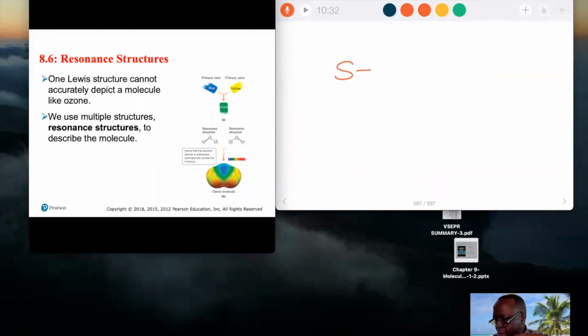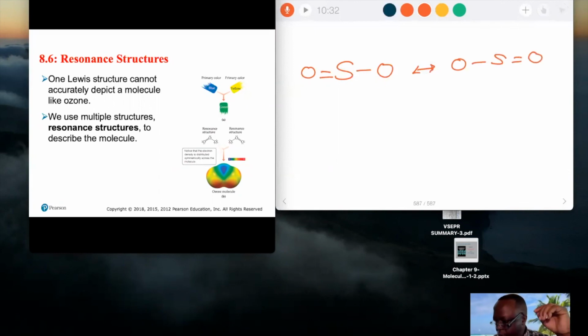We saw earlier on this structure, there was a double bond there. We show resonance structure using this symbol, a double-headed arrow, and the double bond can be on either side.